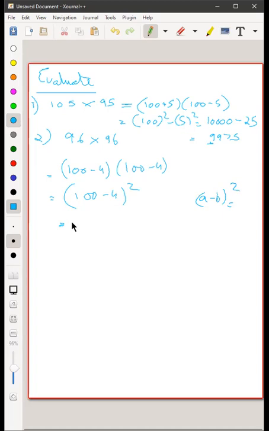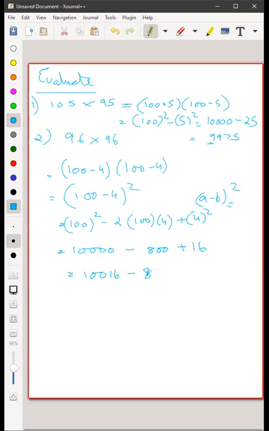So what do we get? 100 square minus 2 multiplied by 100 multiplied by 4 plus 4 square, which is 10,000 minus 800 plus 16, which will be 9.